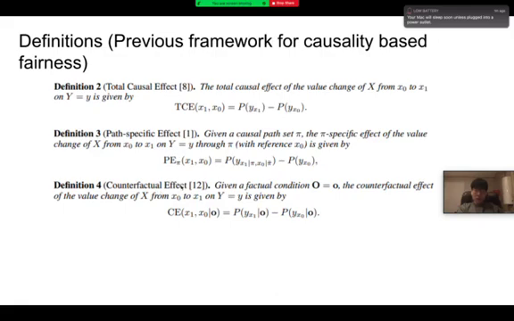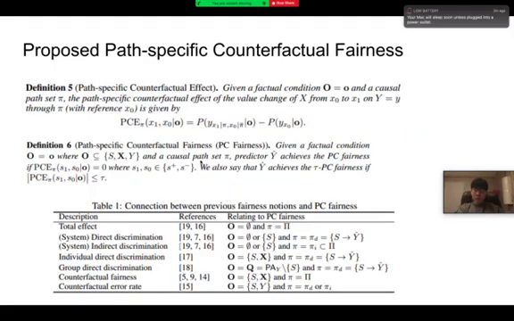And counterfactual effect is, given a factual condition, the counterfactual effect of the value change of x on y. The paper then proposed a path-specific counterfactual fairness, and a path-specific counterfactual effect is given a factual condition and a causal path. The path-specific counterfactual effect of the value change of x on y through that path is given by this equation.